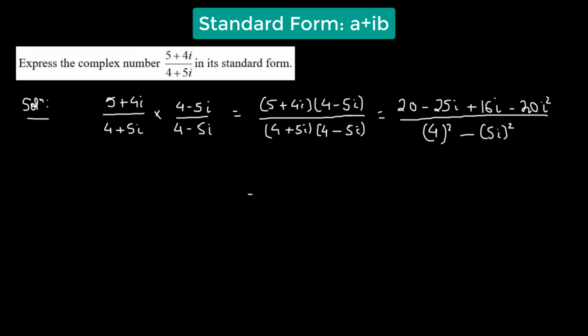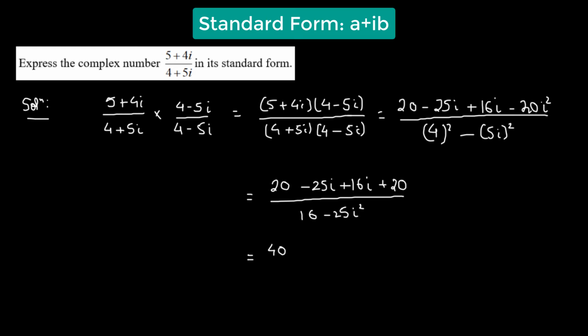Now we are going to further simplify it, so that gives us 20 minus 25i plus 16i minus 20 times i squared. Now i squared is negative 1, so that would give us positive 20 divided by 16 minus 25i squared. In the numerator, we add the like terms, so 20 plus 20 gives us 40.